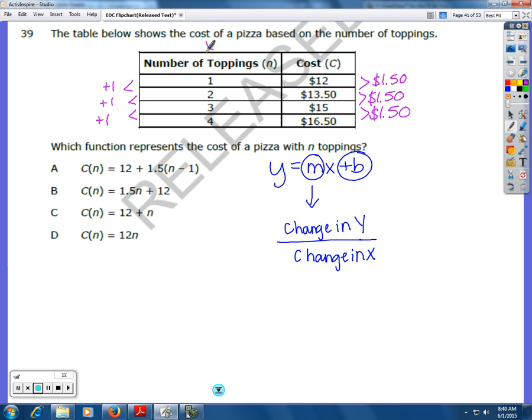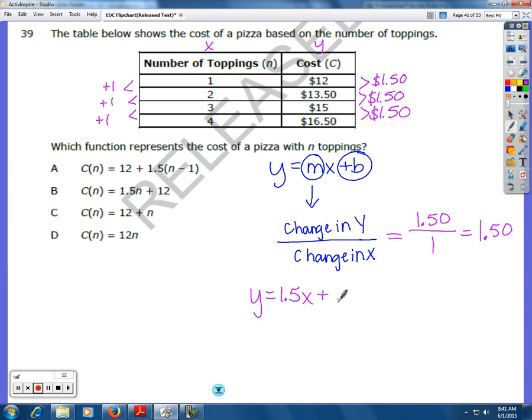This is our x, that's our y, because the cost depends on the number of toppings. So my change in y every time is $1.50 over my change in x, which is one topping every time. So that means that my slope is 1.50 or 1.5. So we figured that out here. So we have y equals 1.5x plus we need our y-intercept.